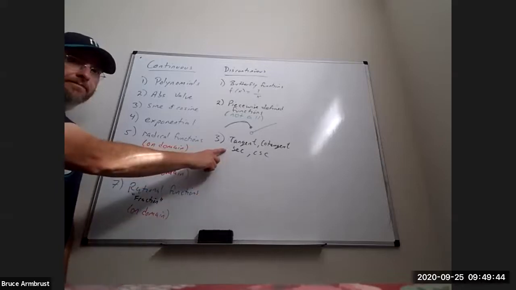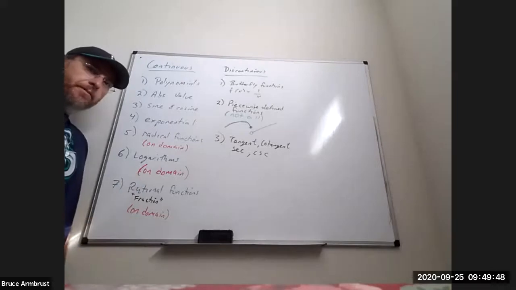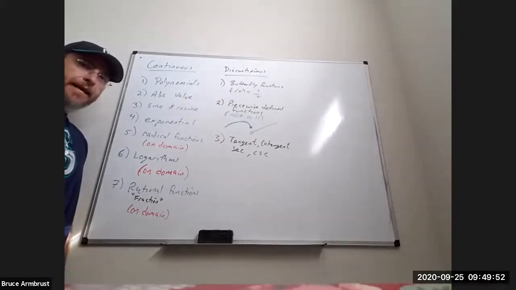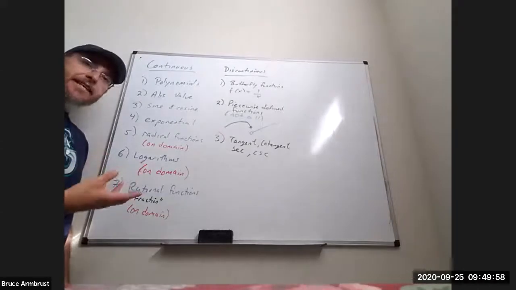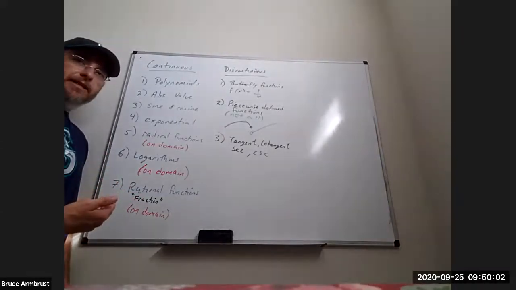Similarly with the trigs, those things are continuous, except for a couple of bad spots. And those couple of bad spots are the domain issues. So really what I'm trying to do is help you start seeing how to tell if they're continuous or not, because it's going to be really useful later.